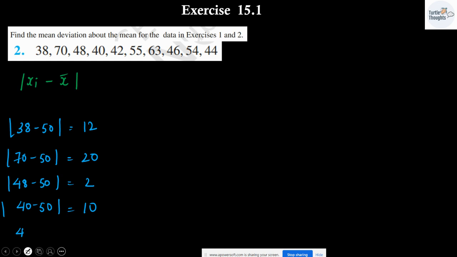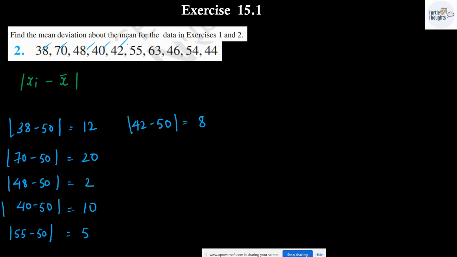Next you have 55. The modulus of 55 minus 50, you can write it as 5. Next, 1 2 3 4 5. 42 I have not taken. Okay, I can take it over here, not a problem. So 42 I have missed. 42 minus 50 is going to be minus 8.